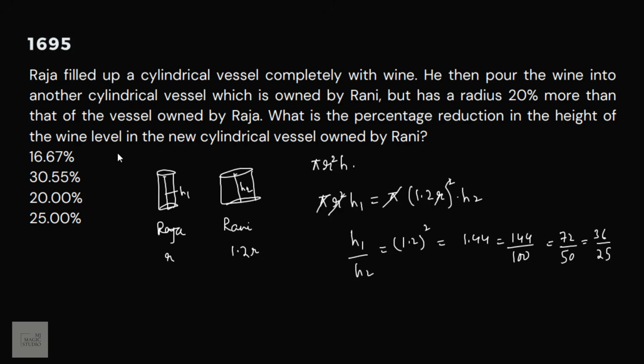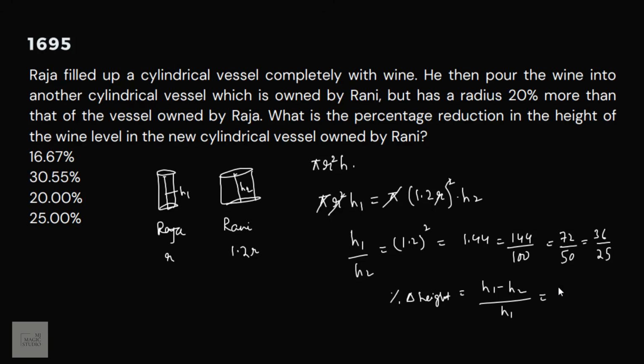What is the percentage reduction in the height of the wine level in the new cylinder? Percentage reduction in height would be h1 minus h2 by h1.